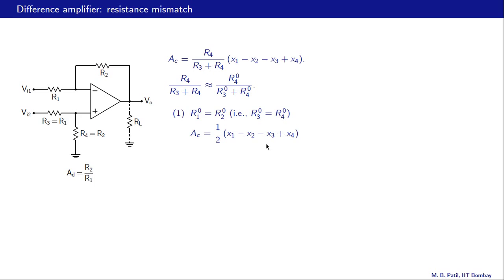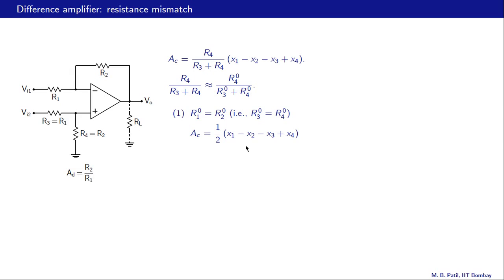Now in these circuits we are always interested in the worst case value of AC, that means the largest possible magnitude for AC. And when will the largest possible magnitude of AC happen? It will happen, for example, if x2 is negative, x3 is negative, x1 is positive, and x4 is also positive, and all of them have their maximum values in magnitude.